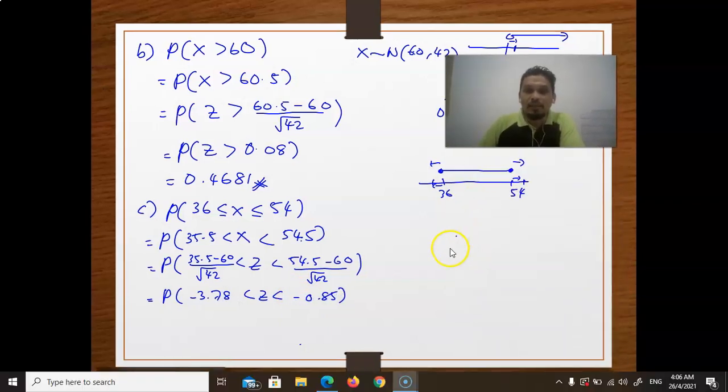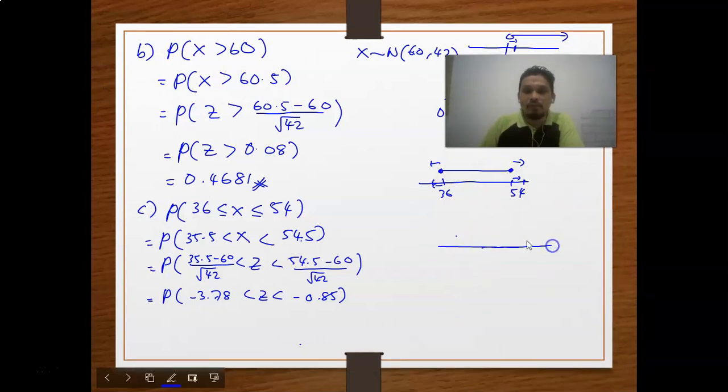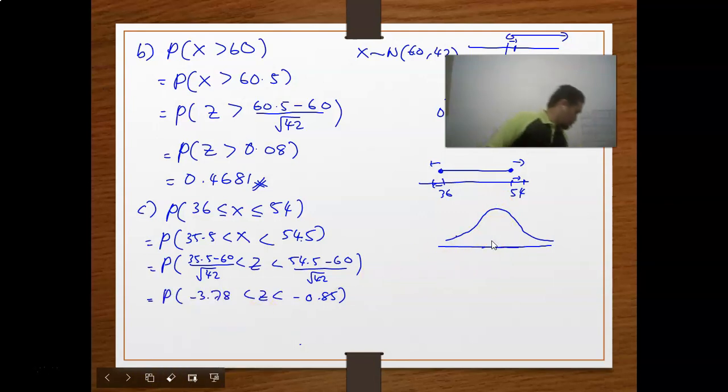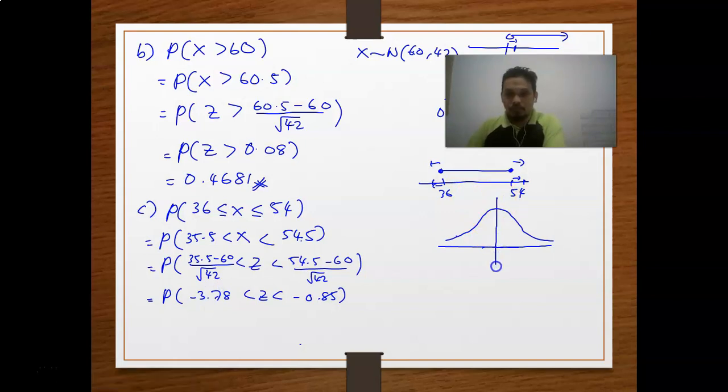We use the graph, we call the normal graph. Now negative 3.78 is somewhere around here, and this is negative 0.85.